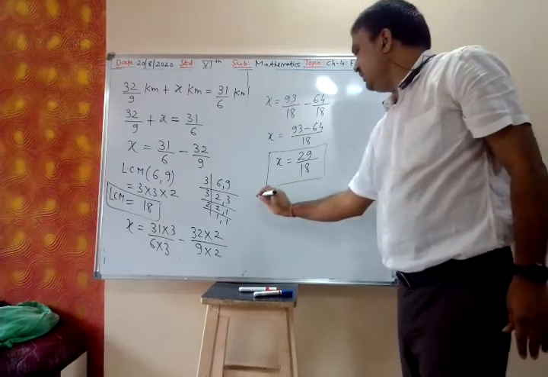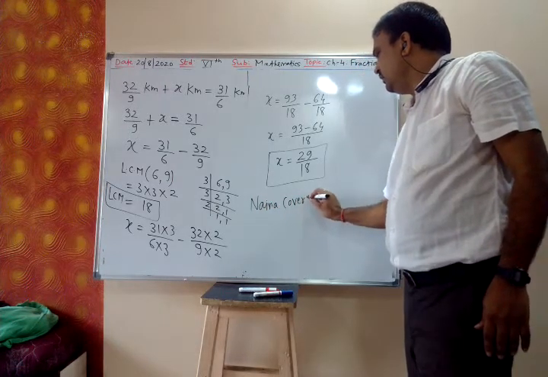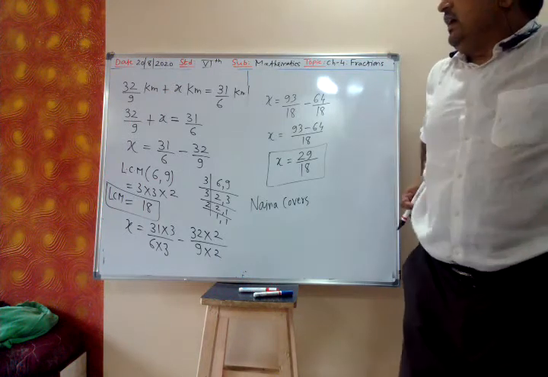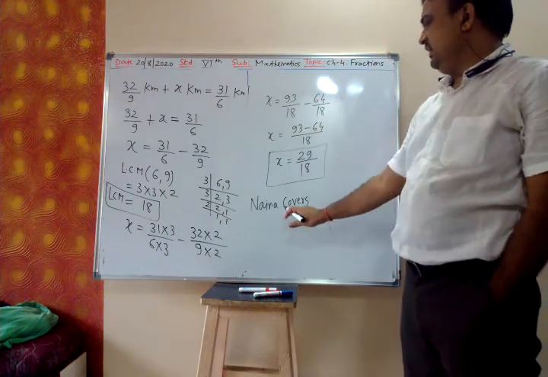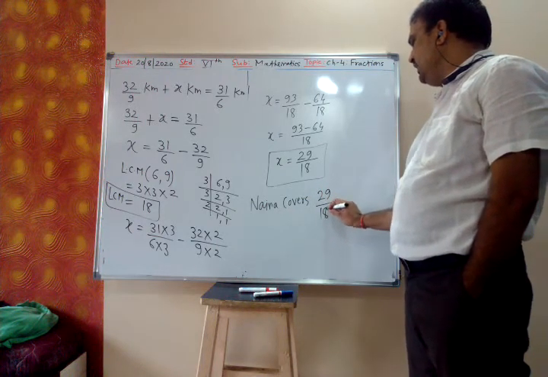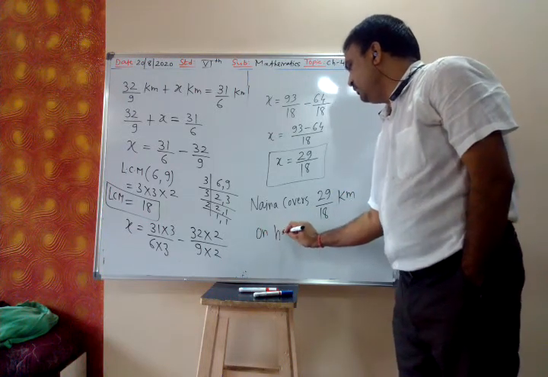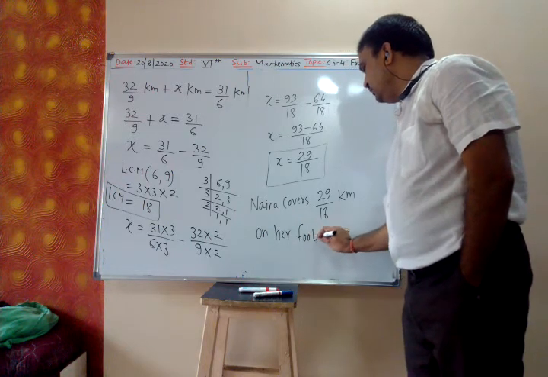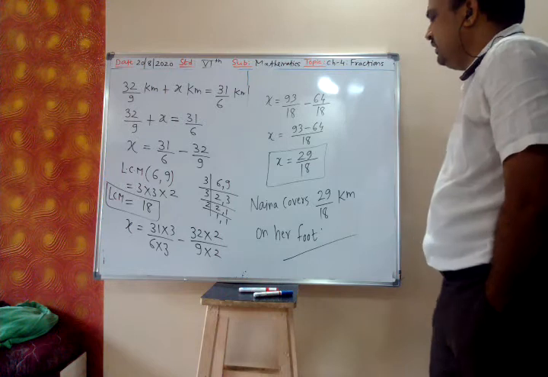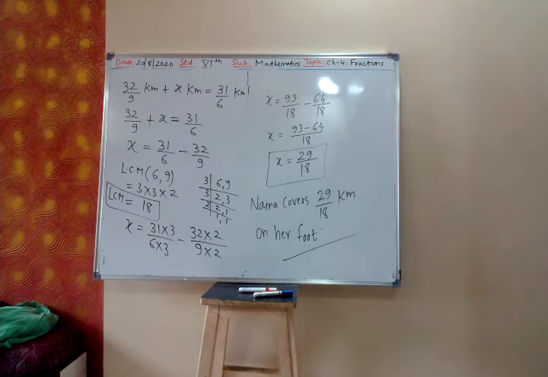What is x kilometers? 29 upon 18 kilometers on her foot. So Naina covers 29 upon 18 kilometers on her foot. This is the answer. That x is nothing but 29 upon 18. Just see the answer behind what is given. You go on checking the answer behind, those who are having the textbook.